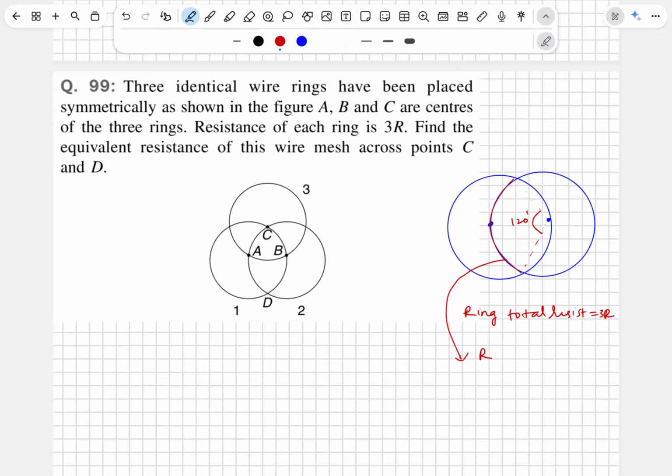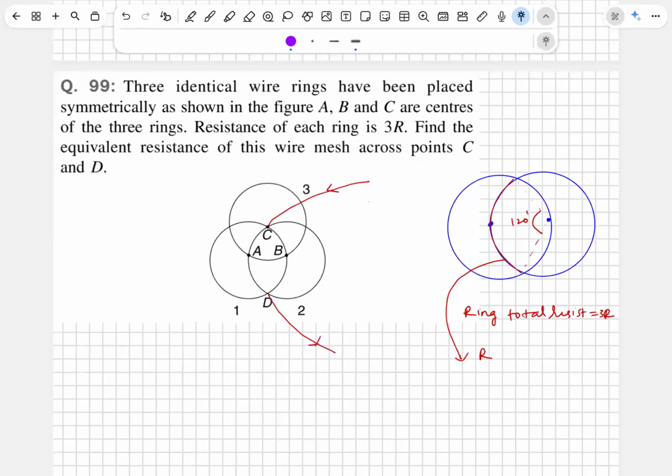Where is the C? Now, when I am asking you about current entering at C, current leaving at D, that is a line of symmetry. What does that indicate? The points A and B are same potential.